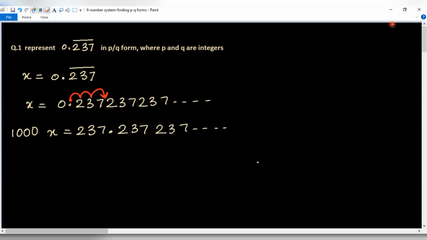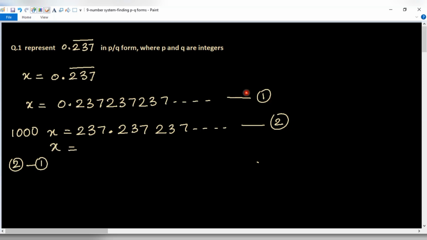So we have x and 1000x. In both, 237 repeats. If I take this as equation 1 and this as equation 2, we subtract the first equation from the second.